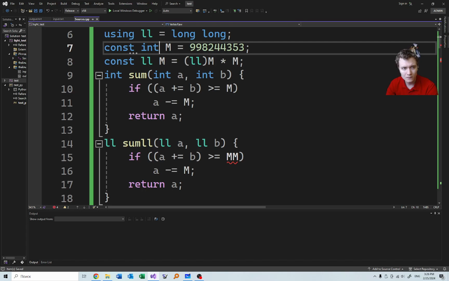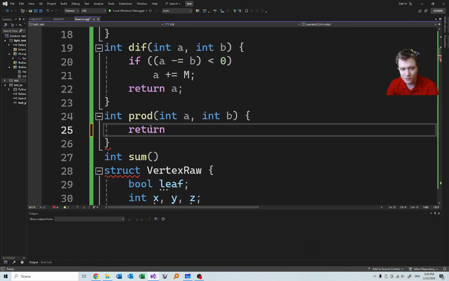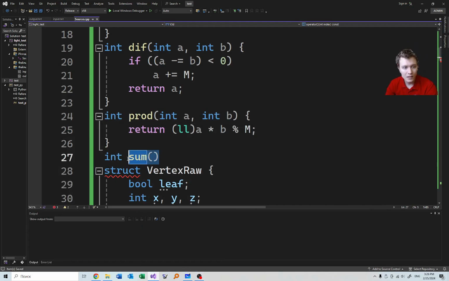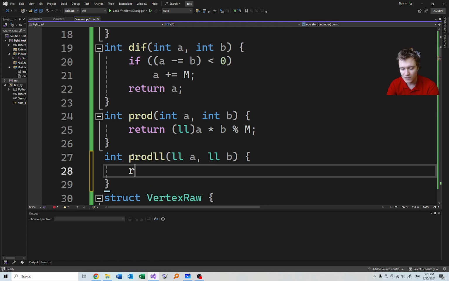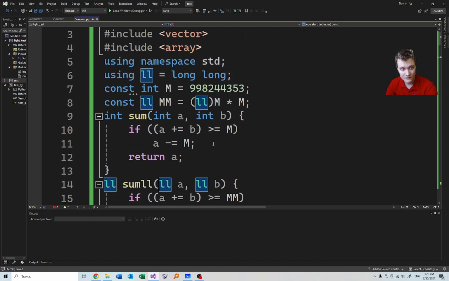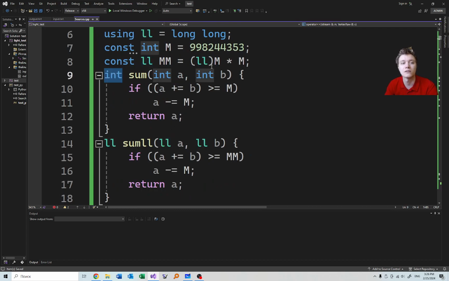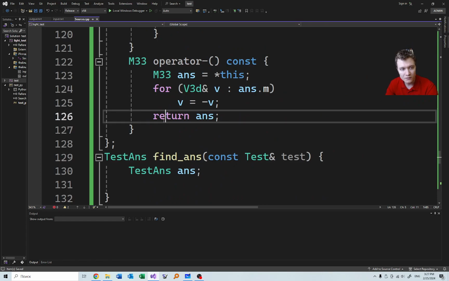And we will need product, so here we return this. And also we will need prod LL, where we just return A times B, I think. So we have functions for integer summation modulo m and long summation and multiplication modulo m squared. Okay, now we're ready to write the multiplication of matrices.